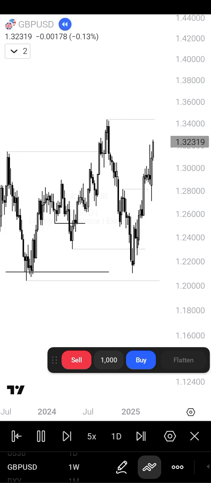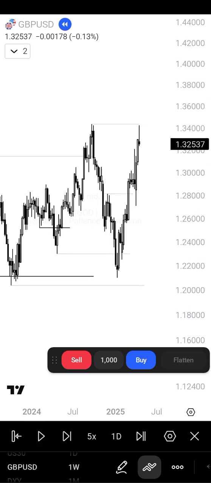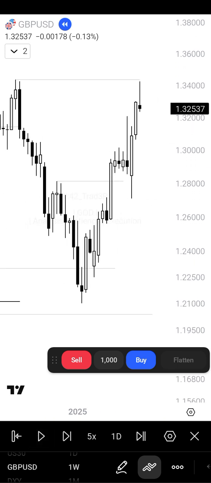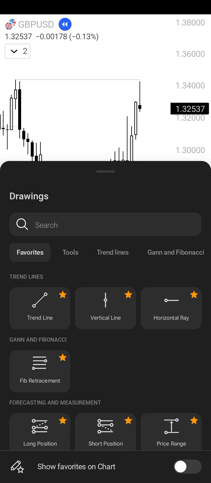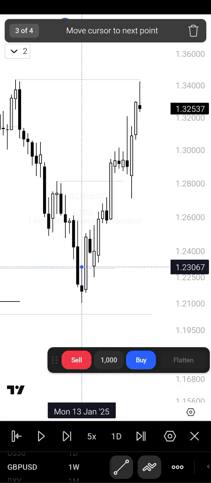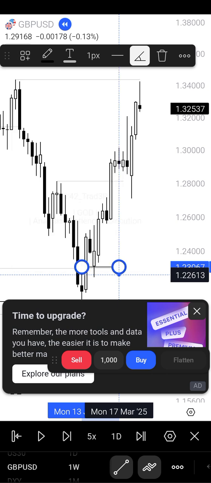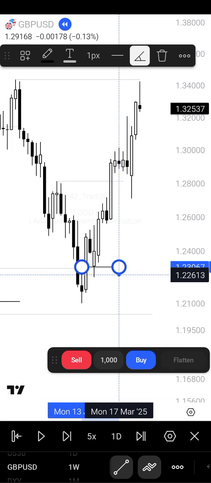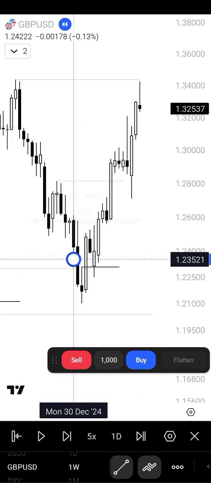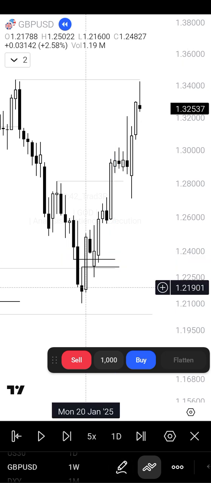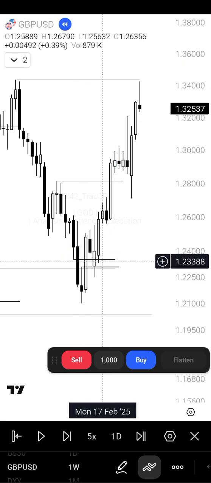So that is how you build your narrative from the higher time frame down to the lower time frame, and you can see how price used this fair value gap, these overlapping fair value gaps, which is known as the balanced price range.